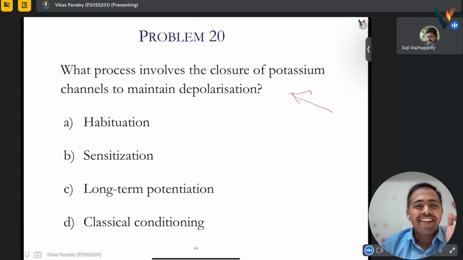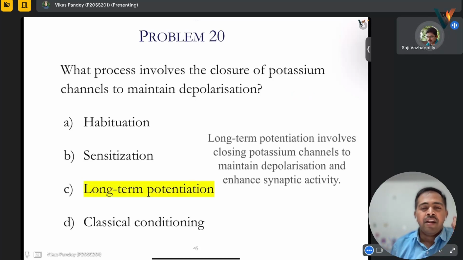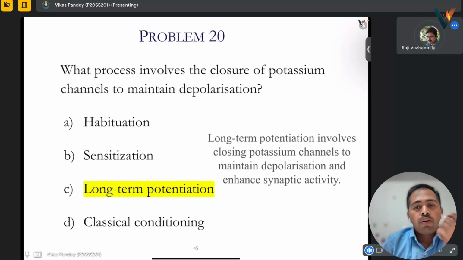Is it habituation, sensitization, long-term potentiation, or classical conditioning? I don't know, sir, the answer. It is long-term potentiation that involves closing potassium channels to maintain depolarization and enhancing synaptic activities.